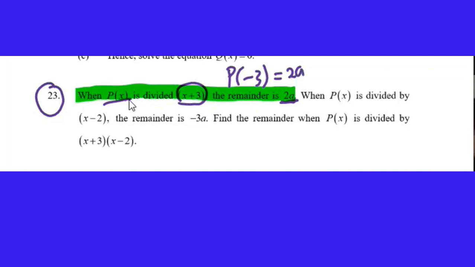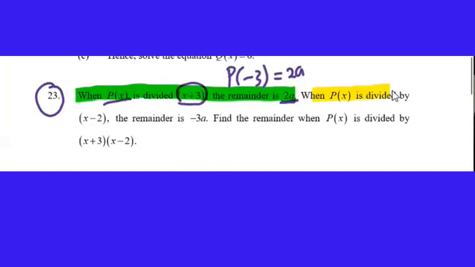P polynomial divided by x plus 3 means you substitute x by negative 3. The remainder is 2A. Interpret the first sentence into a mathematical sentence. Settle.